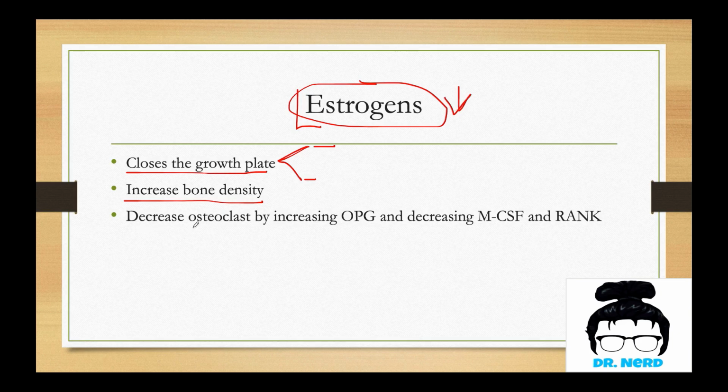So it decreases osteoclasts by increasing OPG and decreases MCSF and RANK. Basically, increasing the OPG will lead to less osteoclast activity, making bones stronger. Decreasing MCSF and RANK also leads to less osteoclast activity, making the bones stronger. So it's not going to be broken down as much.